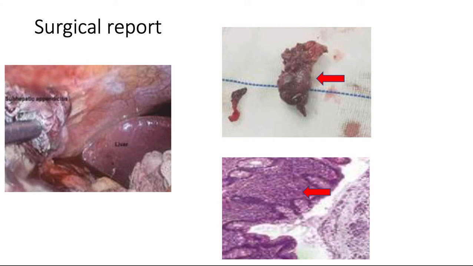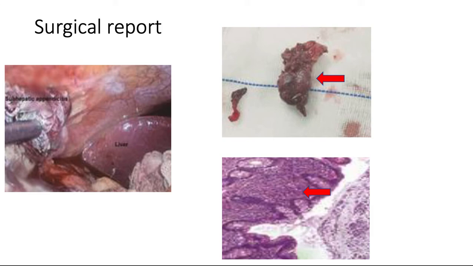under general anesthesia with the following ports: umbilical, left iliac fossa, and suprapubic. Reporting on the operation, the small bowel was dilated from the terminal ileum to proximal jejunum.